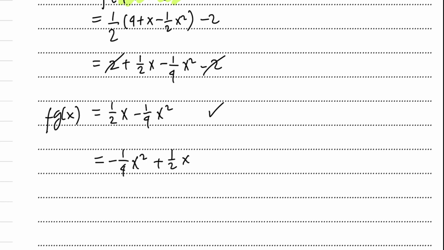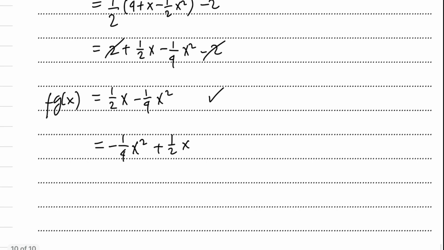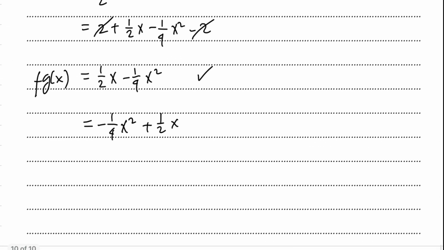To find the vertex of a quadratic function, you can do completing the square. So we can take out the minus 1 over 4. And then we have x squared minus 2x, because 1 over 2 divided by minus 1 over 4 is minus 2. And you can check whether your answer goes back to the original form or not.